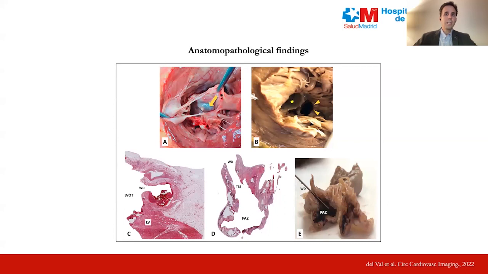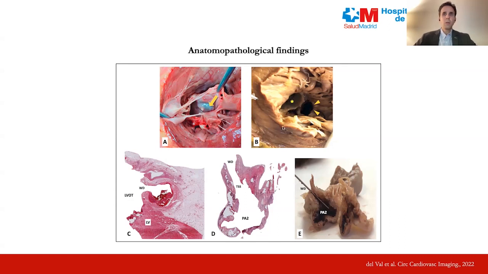So in order to better clarify the mechanism of this mitral valve alteration, we requested an autopsy. And here I show you the anatomopathological images. In the first images, you can see the anterior mitral leaflet pseudoaneurysm.